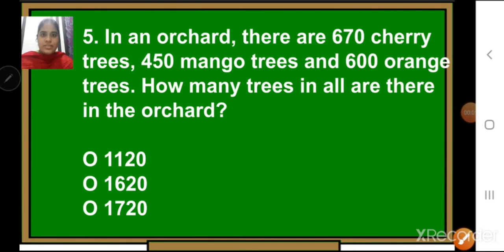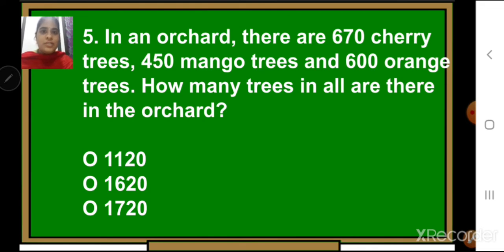Fifth question is a word problem. Now in an orchard there are 670 cherry trees, 450 mango trees and 600 orange trees. How many trees in all are there in the orchard? Children, now we are not supposed to write these statements like that.